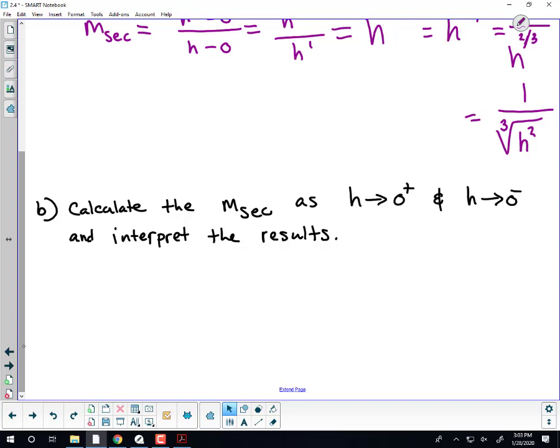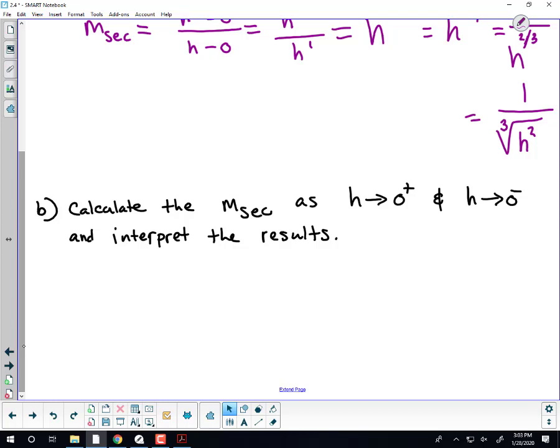And again, from the left and from the right just indicates that h could be to the right of 0, or h could be over here, which we might call negative h. This is h approaching 0 from the left, if you will.